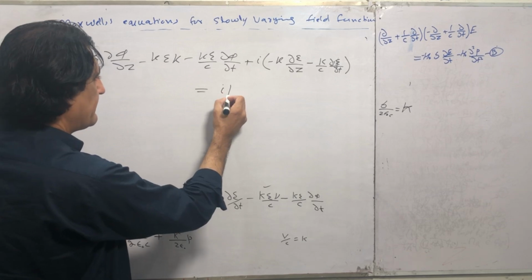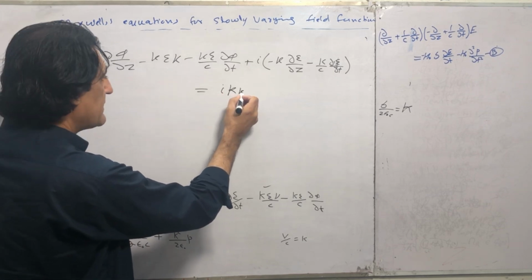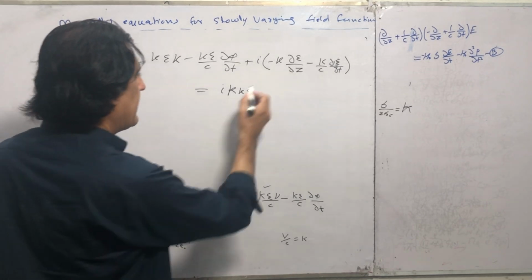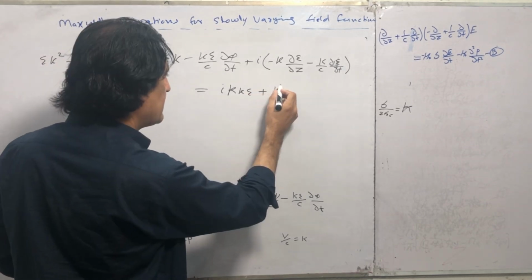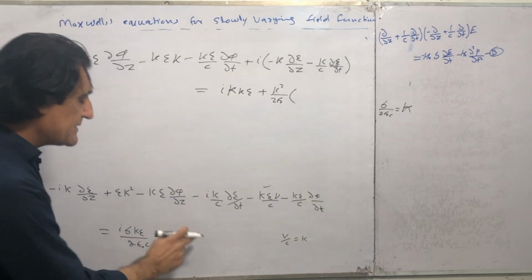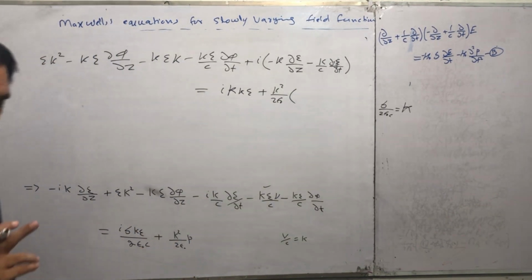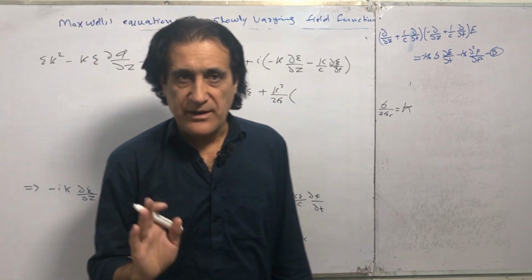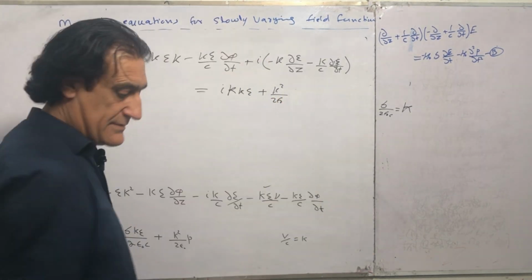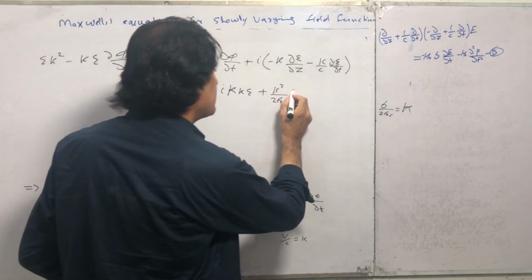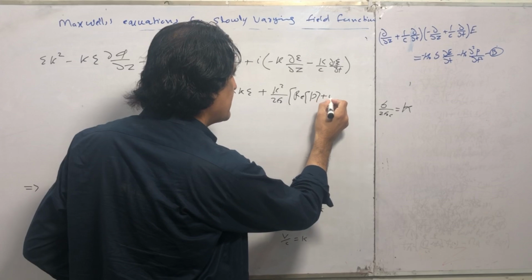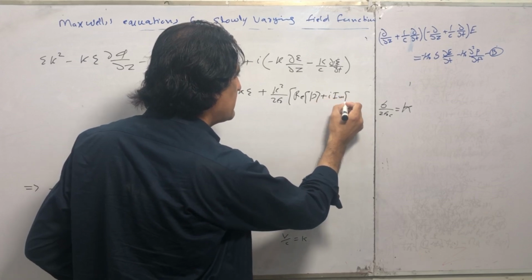Then iota kappa k e and plus k square divided by 2 epsilon naught. And here this p, this is polarization. This has a real and imaginary part. So if I write this, the real part, real of p plus iota imaginary of p.